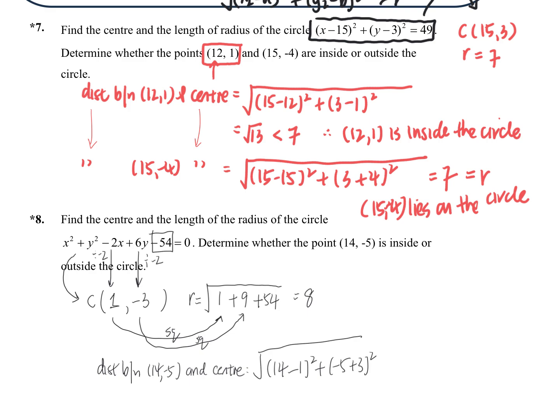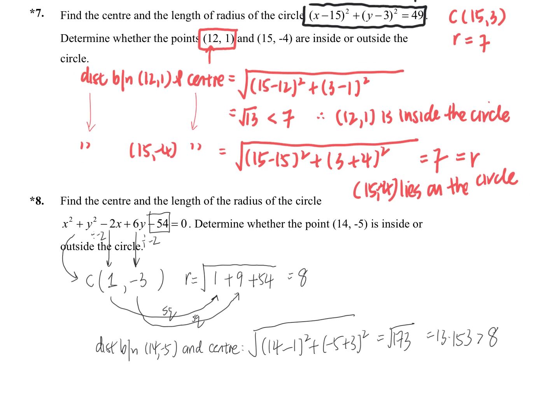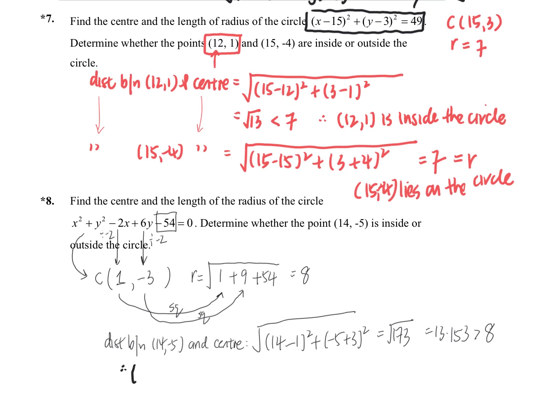So 13 square plus 4 square, 173. So that's 13.153, which is greater than 8. Since it's greater, therefore this point lies outside the circle.